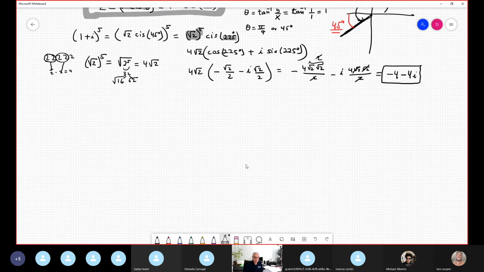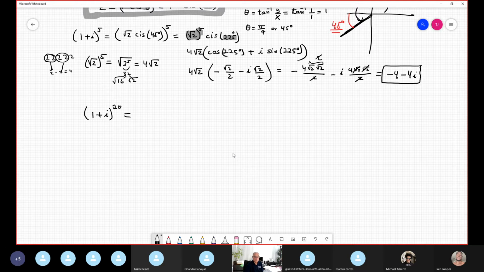Suppose I have a similar one, but now I have the same complex number, so you avoid the conversion because it's the same, but raised to the 20th power. Wow, the 20th power. Doing it in the traditional way is crazy.